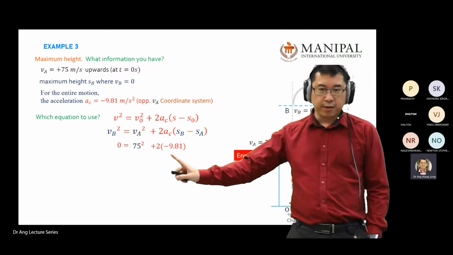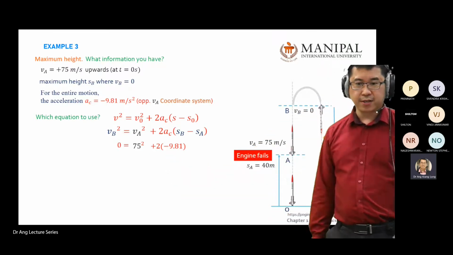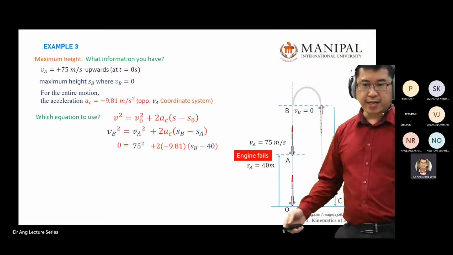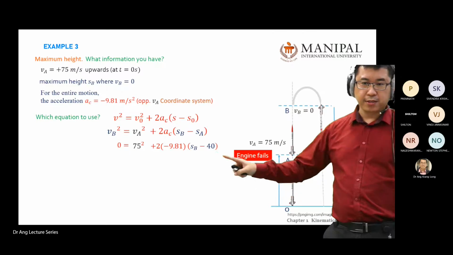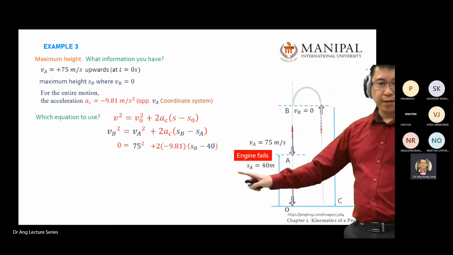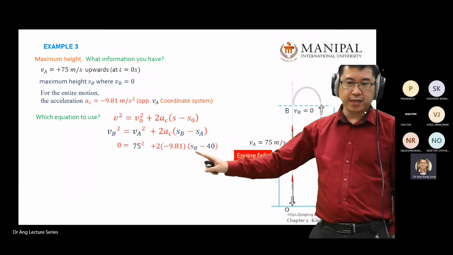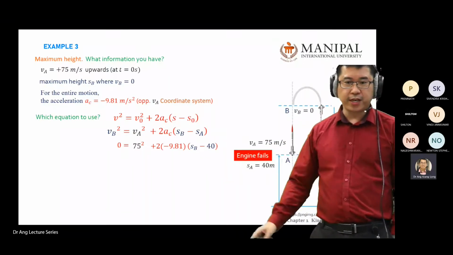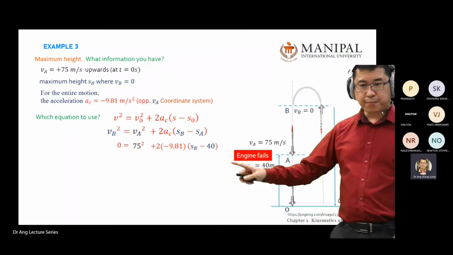So remember, don't make this mistake in your answer. Then SA, we fill in as 40 meter. SB, we need to find. As you can see, studying this equation, there's only one unknown here. Rearrange, use your calculator. Again, press carefully.